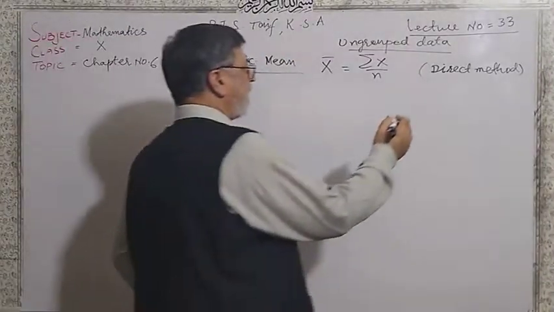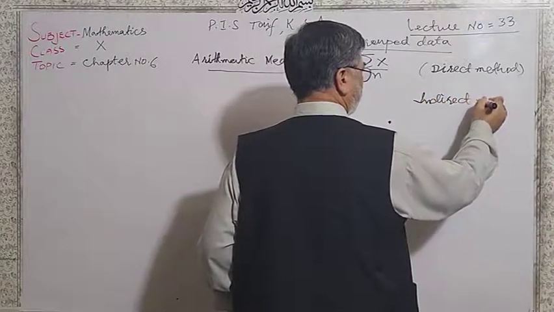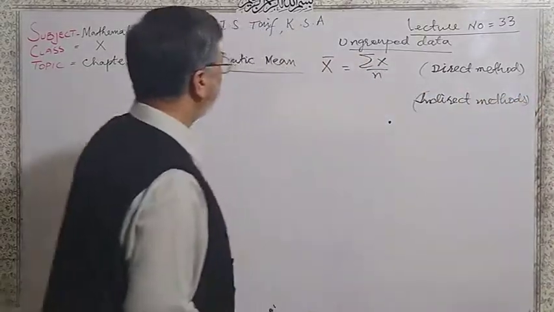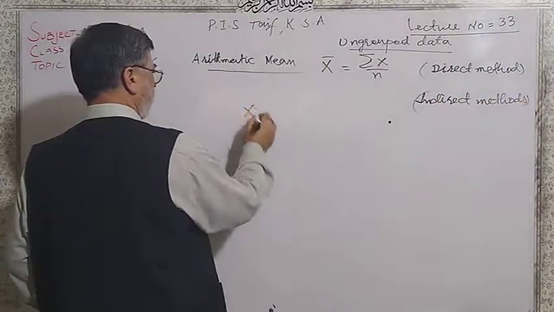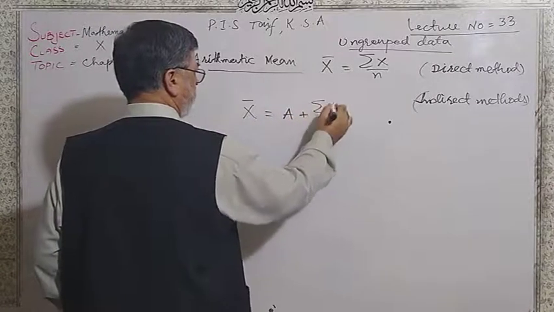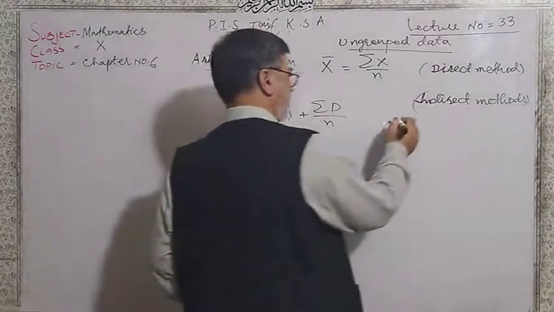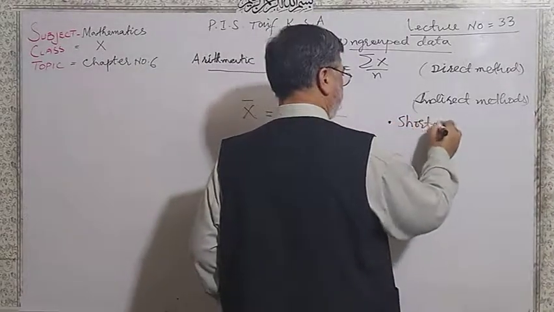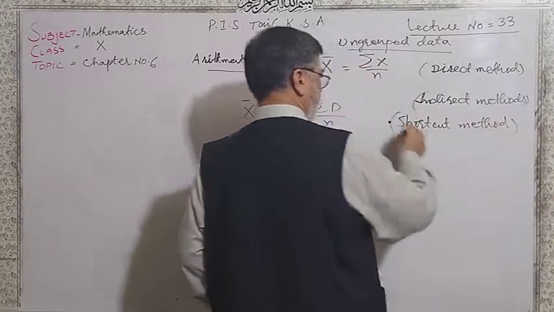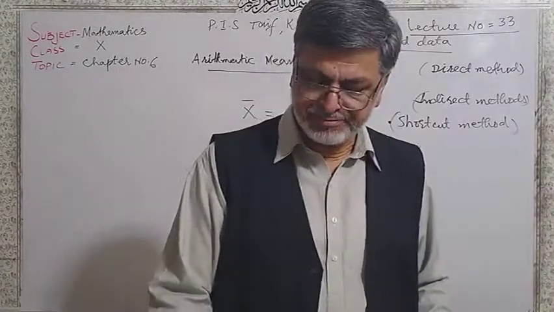In case of indirect methods, we have indirect methods also. Same formula for the arithmetic mean. We will write down x bar is equal to a plus sigma d over n. This is known as shortcut method.